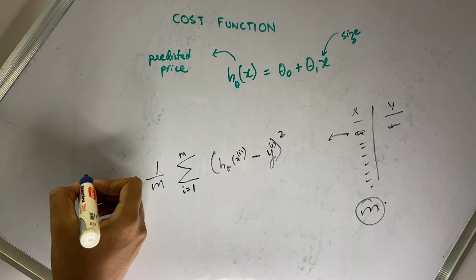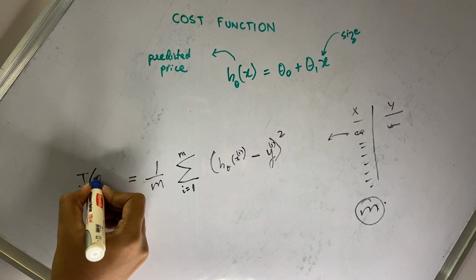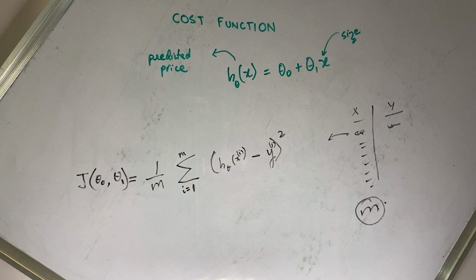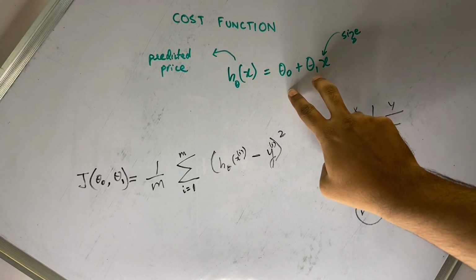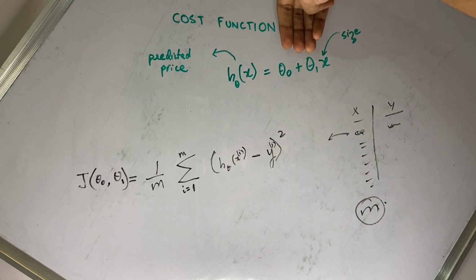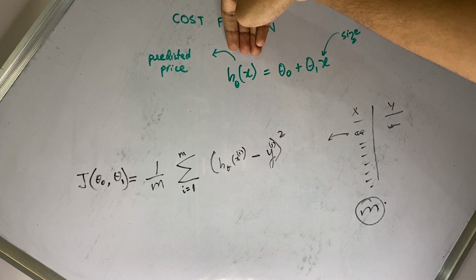If you compute the cost over the number of training examples, you will get a number that is j. Let us call this function j. Now this is parameterized by theta, theta 0 and theta 1. The cost depends on these two terms. Now if these two terms are well optimized, our predicted price will be accurate.